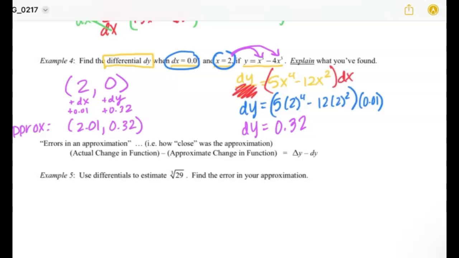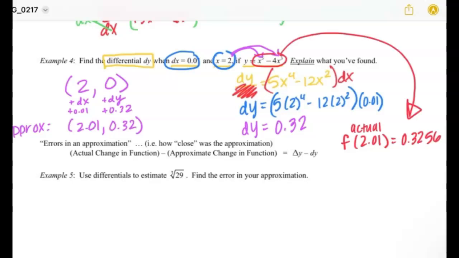Again, it's not exact, but this was a pretty good approximation, because now let's actually find the actual value. The actual value of the function at 2.01, let's use our function and plug that in and see what you get. Okay, so when you find the actual value at 2.01, it is super close.